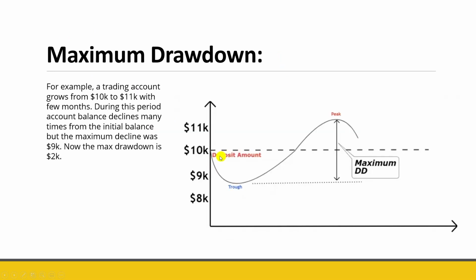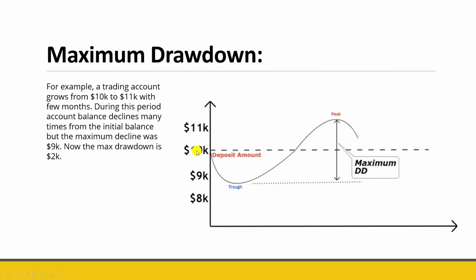Let me just go to here, and let's say you have $10,000 in your trading account initially, and then you open some trades. During your trading hours or during your trading journey, your account goes into loss at the first moment and makes this trough.